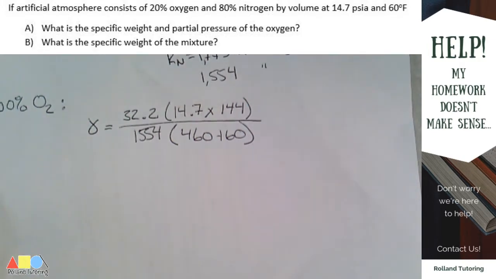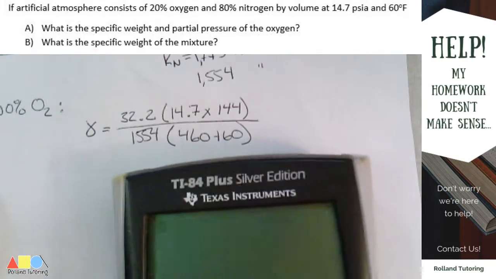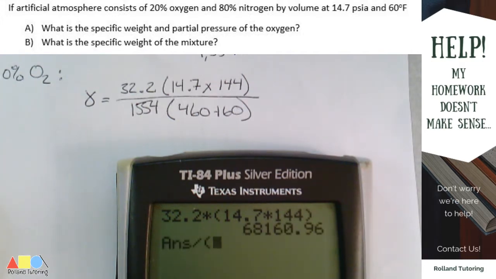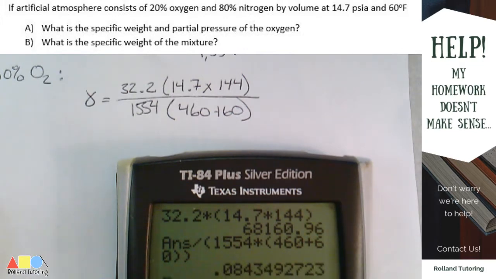So we can go ahead and plug that into our calculator: 32.2 times 14.7 times 144 divided by 1554 times (460 plus 60). And be sure, if you're doing it straight in a row like this, you're making use of your parentheses or you'll end up with the wrong number.